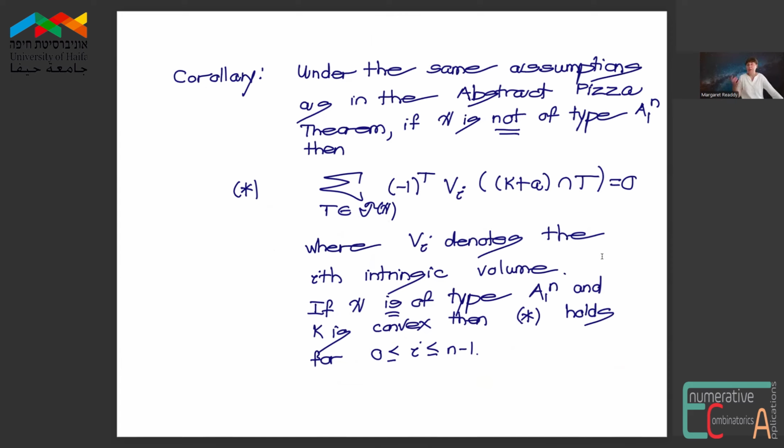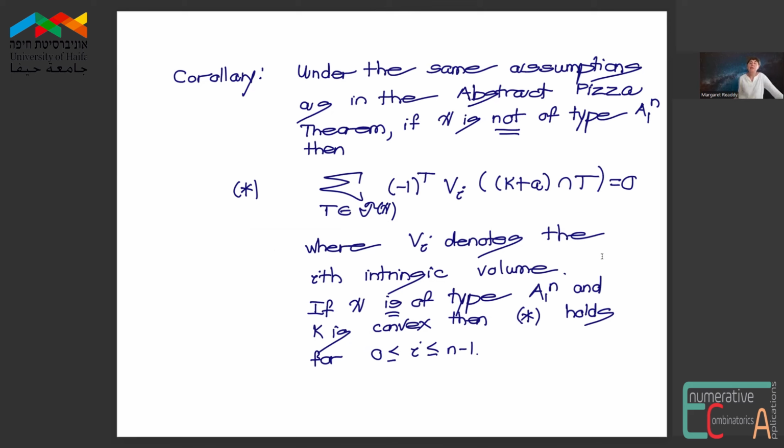So if you fix the ith intrinsic volume, for example, n minus 1 is surface area, this says if you have your friend and you want to share your pizza, or your abstract pizza, that you have, for example, the same amount of crust in 2 dimensions.